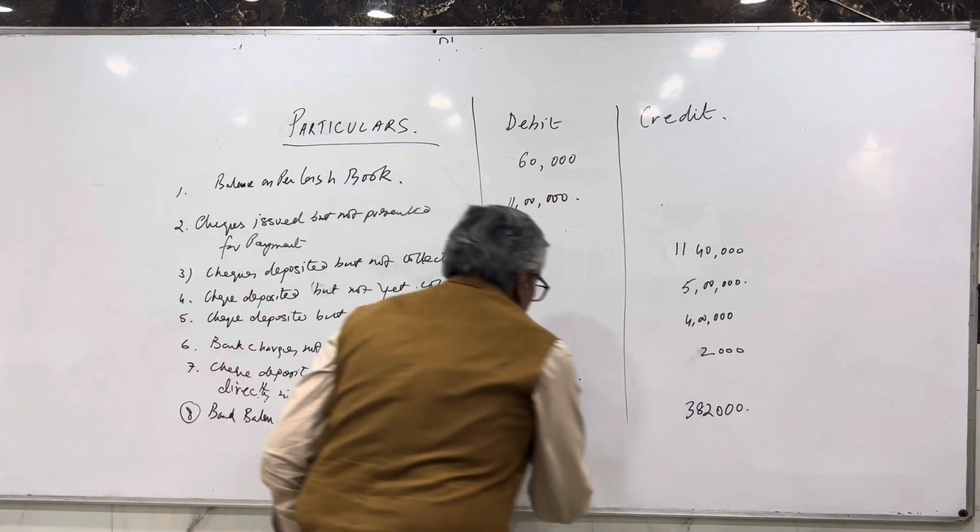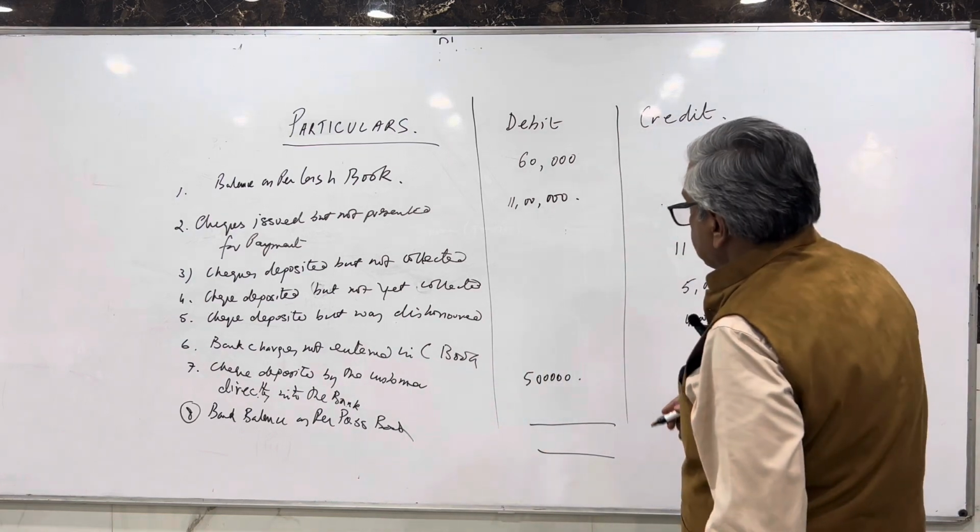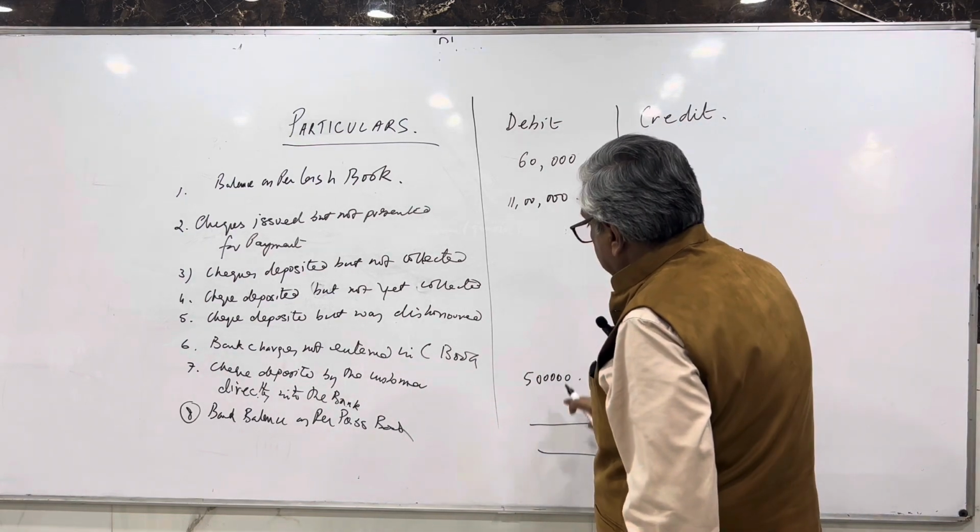नाउ बोथ द टोटल्स ऑफ बोथ द साइड शुड टेल यू. टोटल लगाइए आप. दिस इज 11 lakh and this is 5 lakhs.